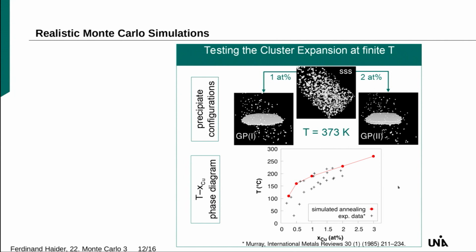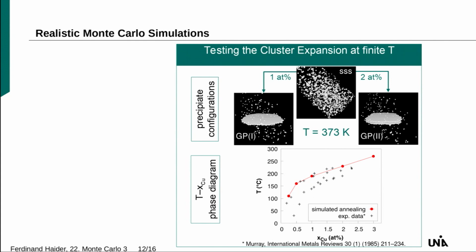And then what he also did, I showed the method to derive phase diagrams in Monte Carlo. He did something similar. He derived a phase diagram. Here, these are the red points, the Monte Carlo phase diagram, and the crosses. Because this is a metastable phase, it's not so easy to determine a phase diagram experimentally here. So that's why these data points have a very high scatter.